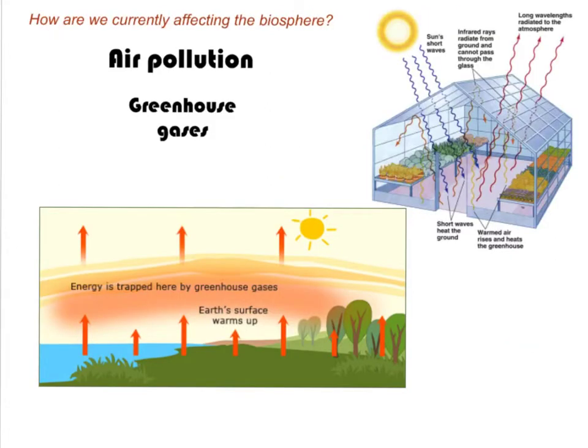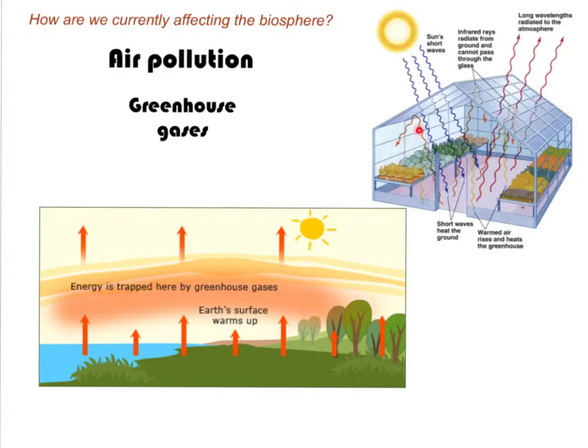The other kind of air pollution that currently affects the biosphere and is caused by humans would be excessive greenhouse gases. When we talk about the greenhouse effect, it's because if you think of a greenhouse, greenhouse gases trap infrared radiation in the atmosphere and cause the atmospheric temperatures to rise, stimulating this greenhouse type of effect where you have it warmer down here.